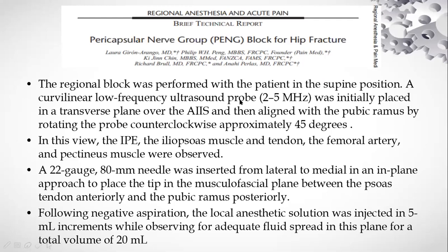Keep in mind that they used a low frequency ultrasound probe, which was placed in the transverse plane over the AIIS, the anterior inferior iliac spine, and then it is turned counterclockwise in order to align with the pubic ramus.